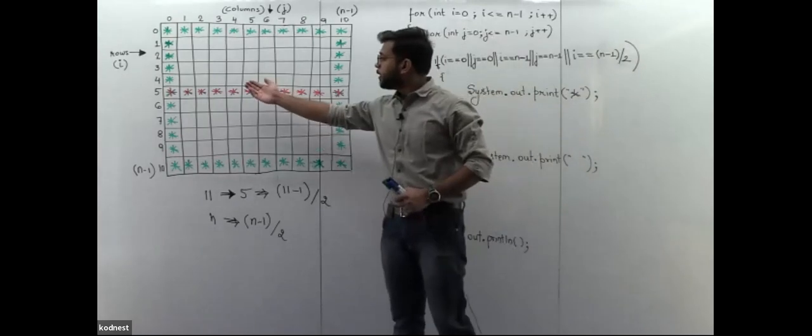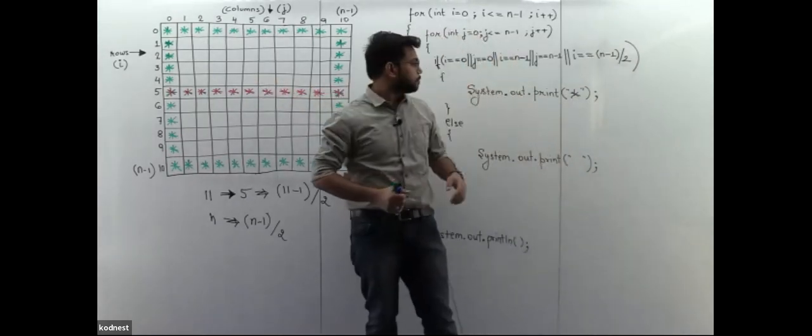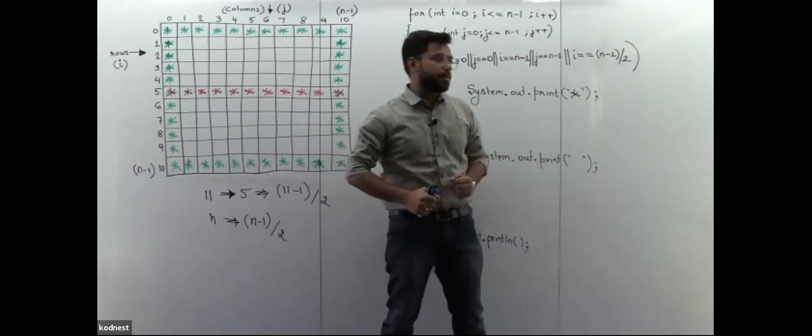So I was telling that for this particular row, how to get it? By writing i equals n minus 1 by 2.